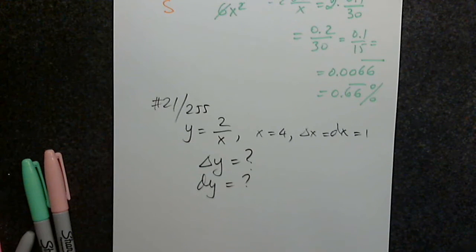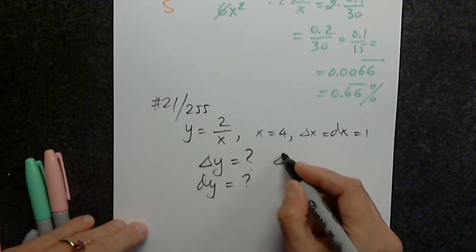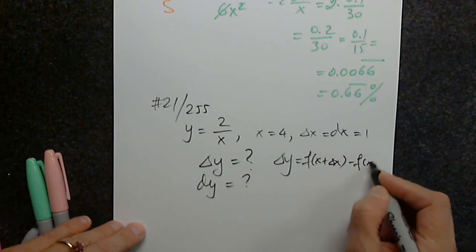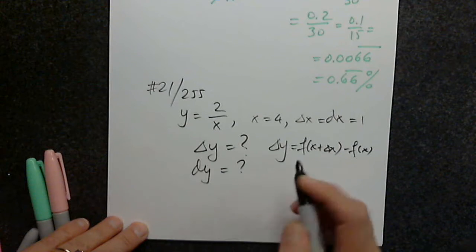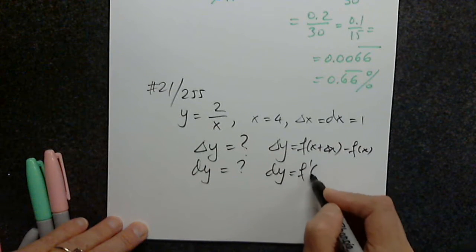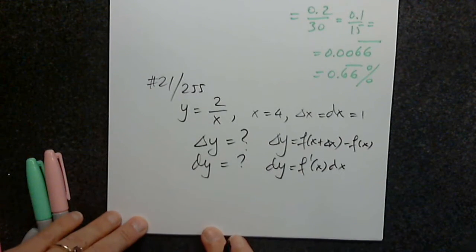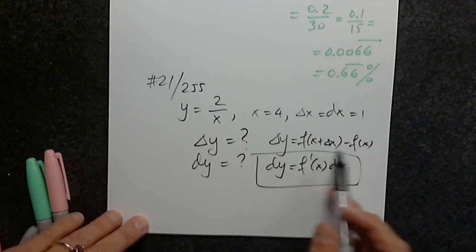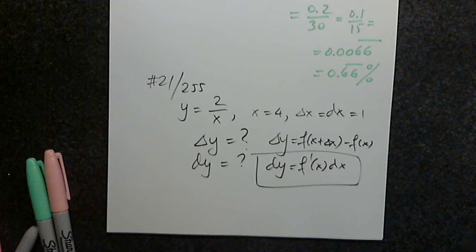Which of these two is always easier to determine? The delta y or the dy? Delta y requires, remember, f of x plus delta x minus f of x. The dy requires f prime of x dx. So this is always easier. That's why we use it to approximate that difference.